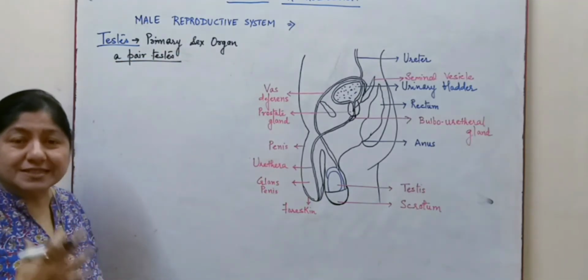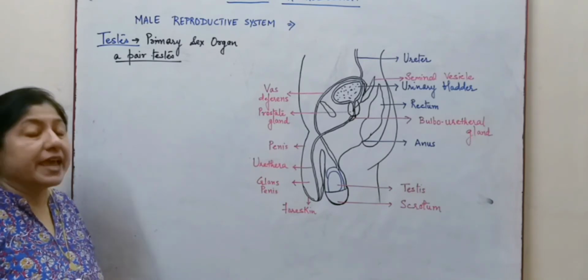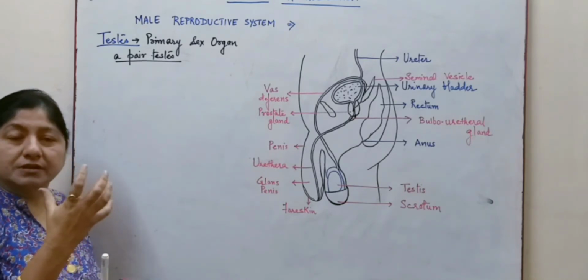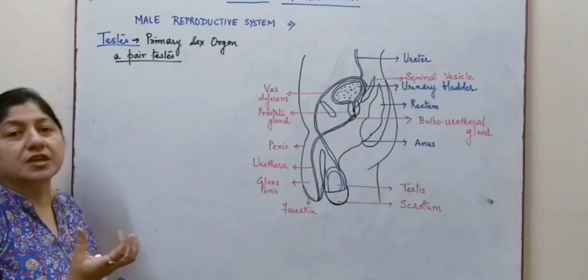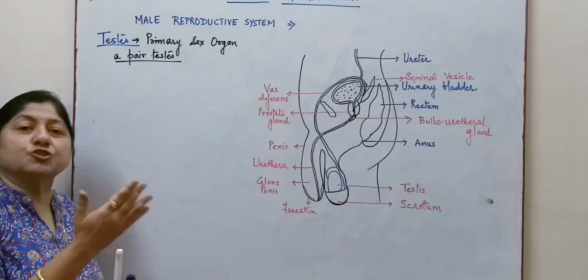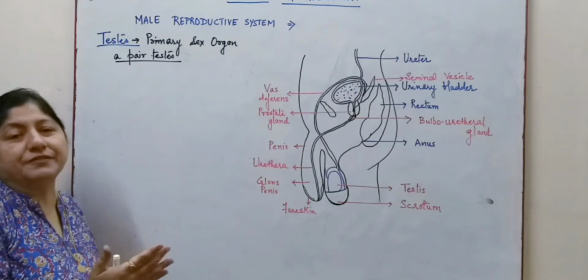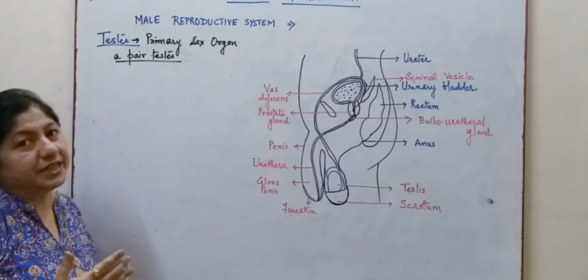This scrotal sac, which is present outside the abdominal cavity, protects the testis, and its location also helps in maintaining a temperature 2 to 2.5 degrees lower than the internal abdominal cavity temperature.